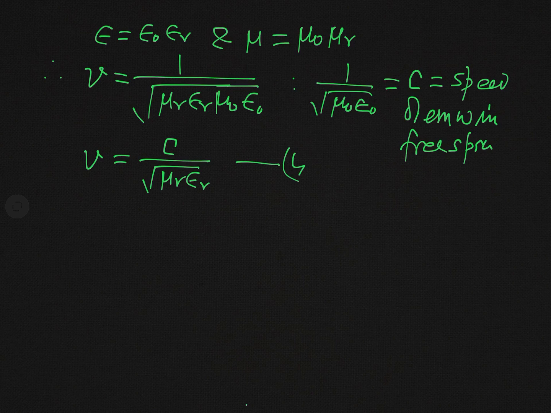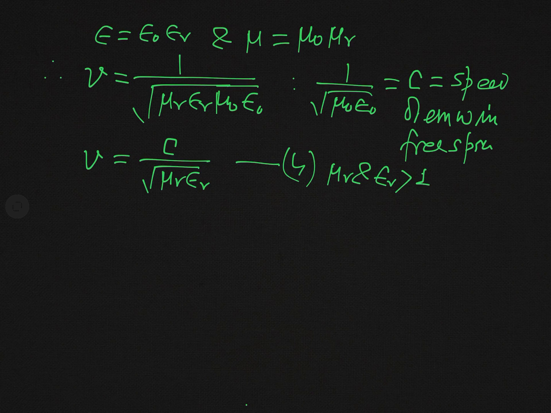And we know that this mu r and epsilon r is greater than 1 for any isotropic dielectric medium. So in this condition, you can say the denominator is a number greater than 1.